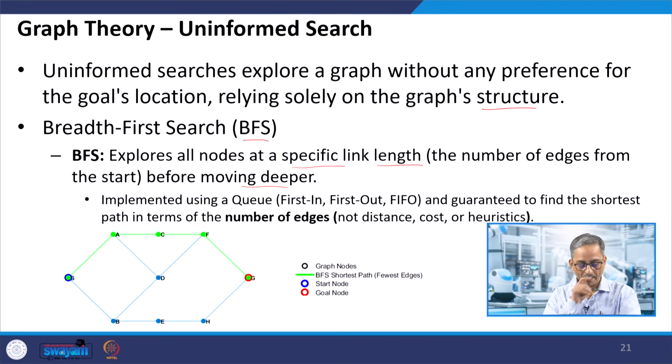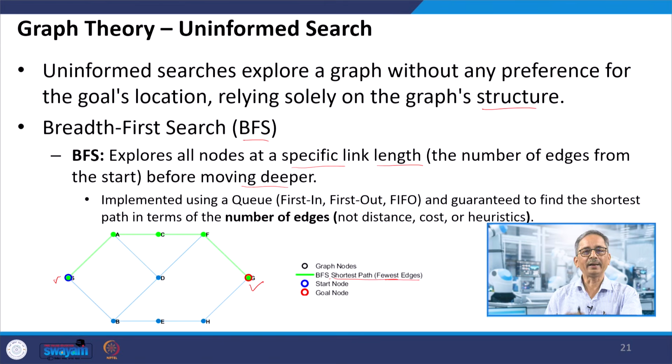So, for example, if we look at this graph, say this is your start, and G is the goal, and you have to perform the breadth first search. From start S it can go to A, it can go to B, and then from A it can go to C, it can go to D, and from C it can go to F, and from B it can go to E and it can go to H. So, the shortest path, the fewest edges, we can identify using this graph.